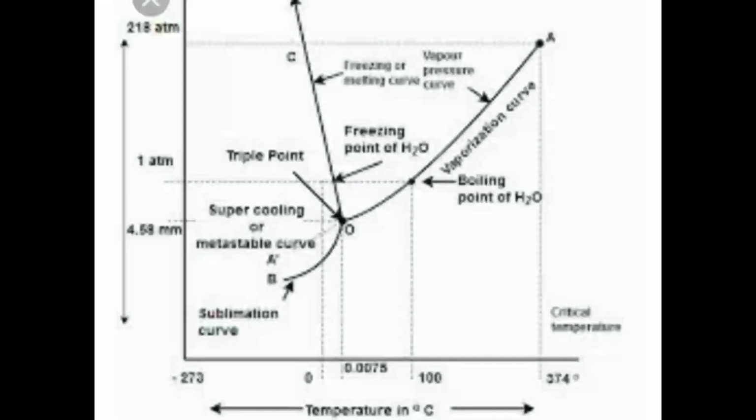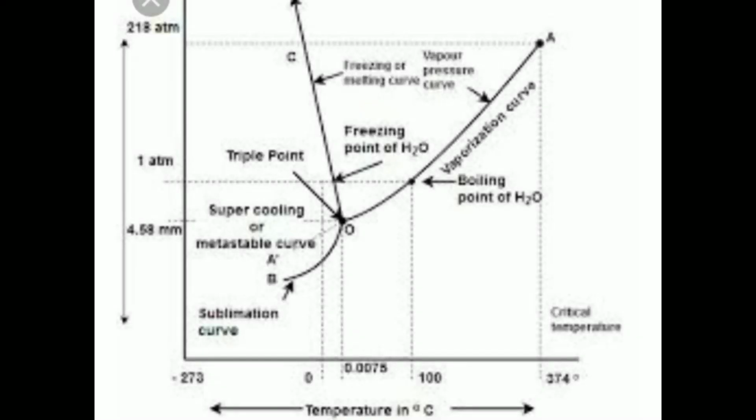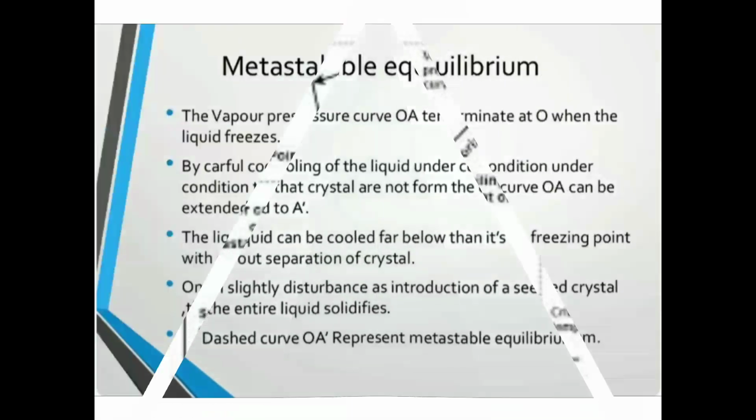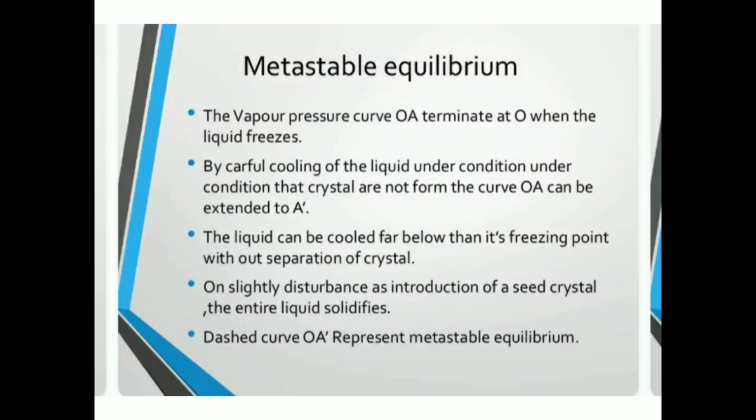Next, the diagram shows another curve. The curve here, OB dash, is a metastable equilibrium. Next we see about metastable equilibrium. The curve OB dash is called the vapor pressure curve of the supercooled water, or metastable equilibrium.